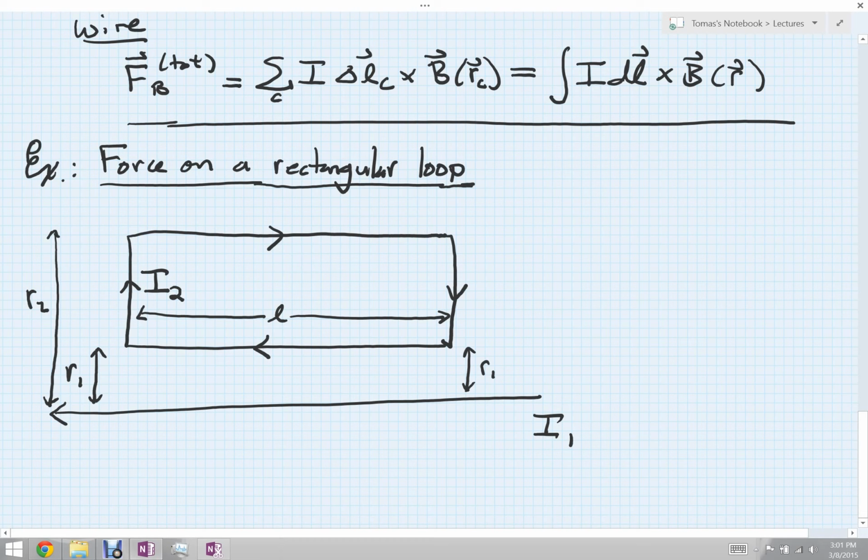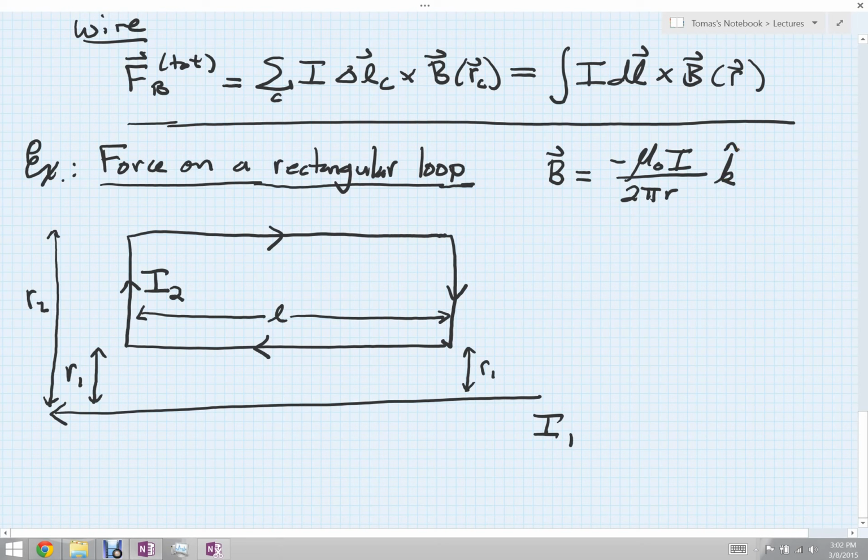Now, my job is to calculate the total force on this loop. Just to remind ourselves, our famous result for the magnetic field of a wire like this is that the magnetic field is minus mu naught I divided by 2 pi r times k hat, where k hat is the out of page direction.